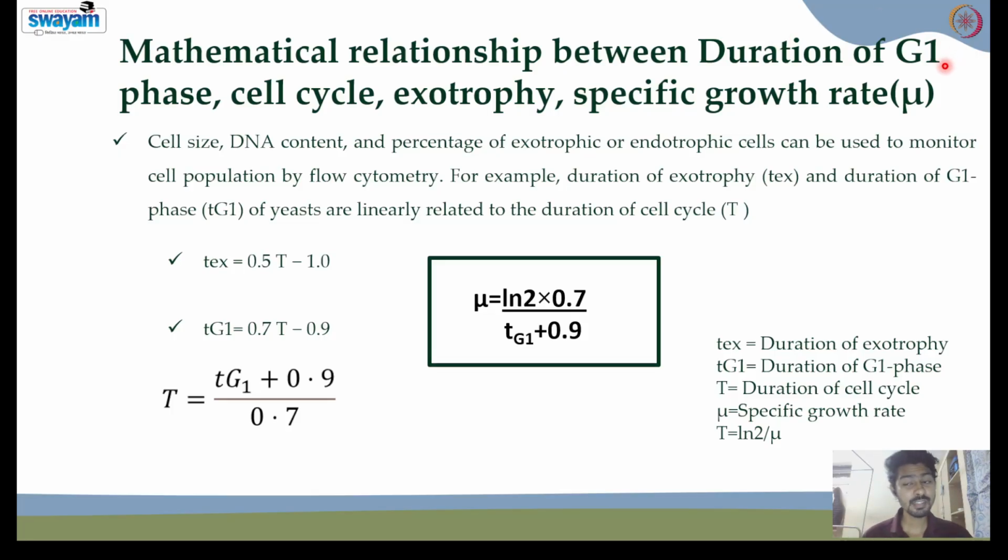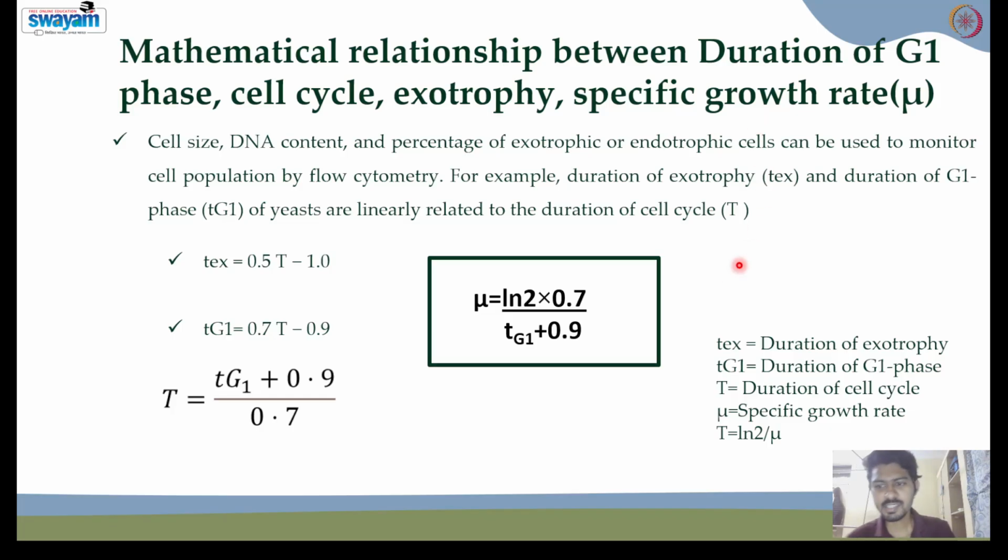What is G1 phase? In G1 phase, the cells prepare for cell division, for DNA replication, and the cell cycle. We have seen the exotrophy concept and specific growth rate. And what is the mathematical relationship between all these terms? We will be seeing that now.